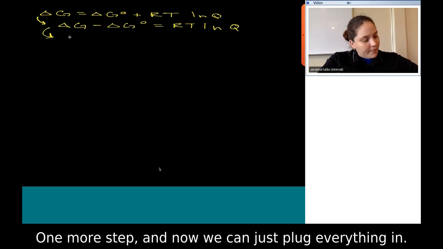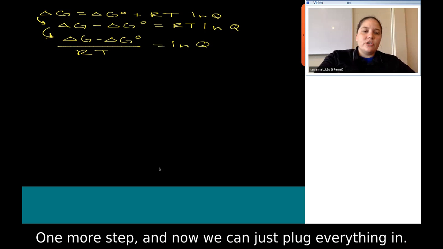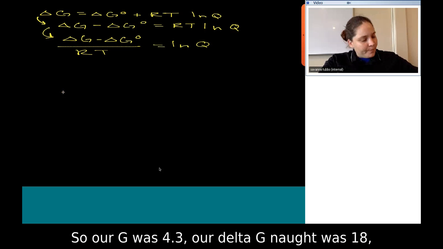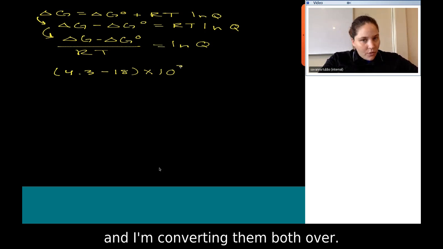One more step. And now we can just plug everything in. So our delta G was 4.3, our delta G naught was 18, and I'm converting them both over.